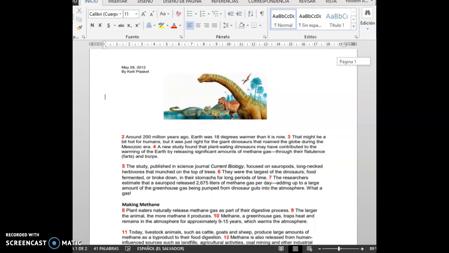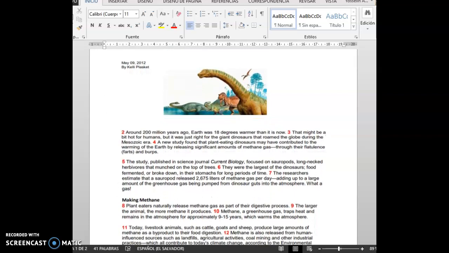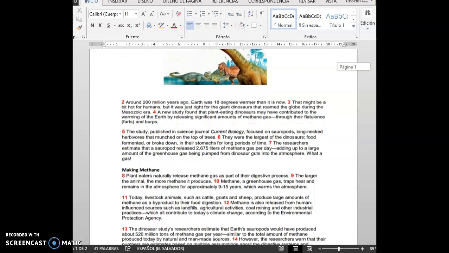Let's start then. Around 200 million years ago, Earth was 80 degrees warmer than it is now. That might be a bit hot for humans, but it was right for the giant dinosaurs that roamed the globe during the Mesozoic era. And then we can continue. We can do skimming, we can do scanning.